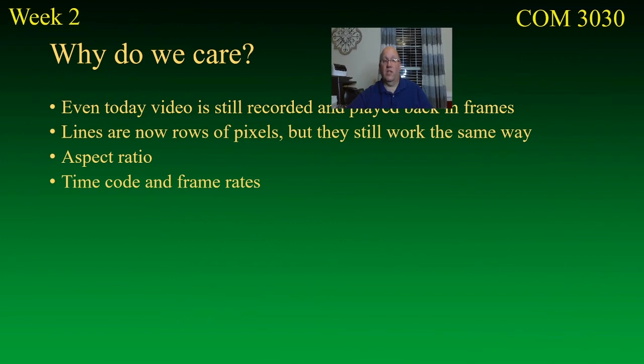You also get to decide between progressive and interlaced, so for example 1080p and 1080i. 1080i is interlaced, and that goes back to 30 frames a second, 60 fields per second. 1080p is progressive, where you're actually getting 60 complete images per second.